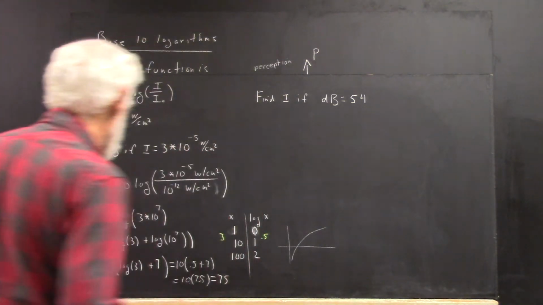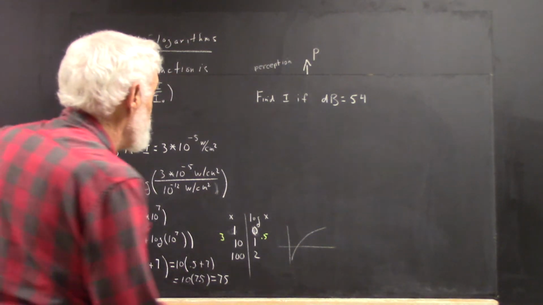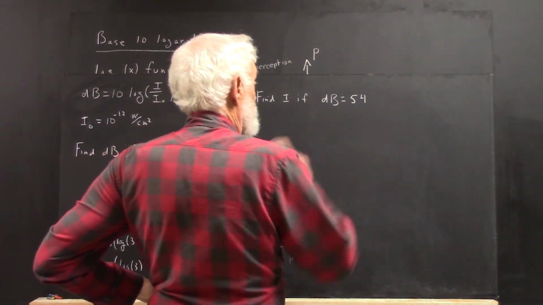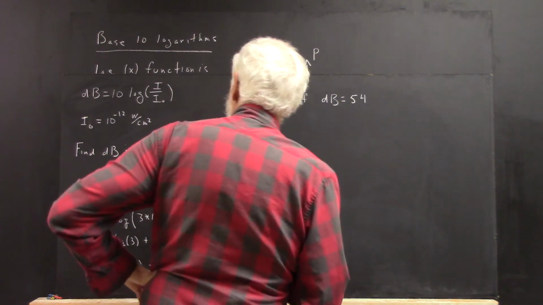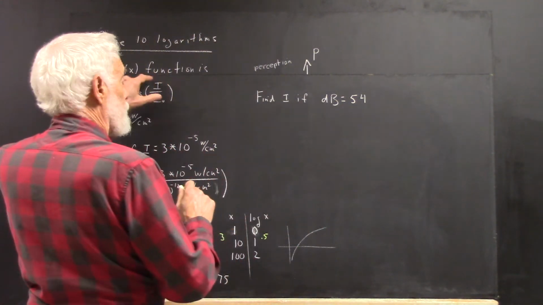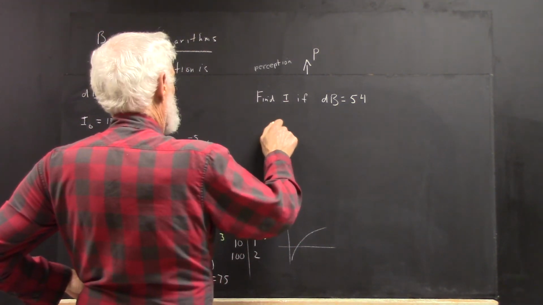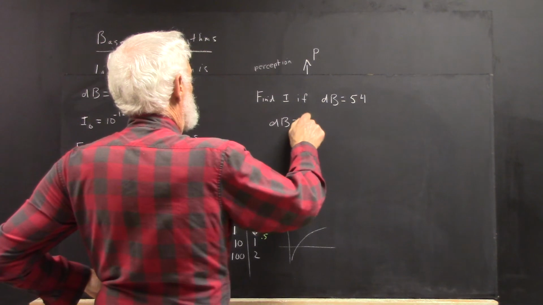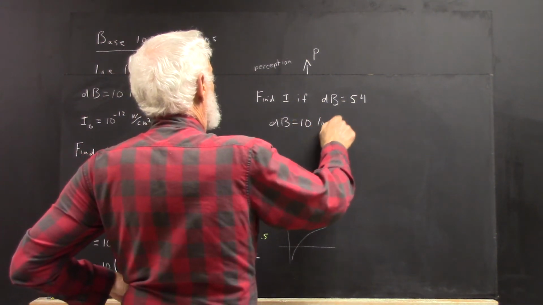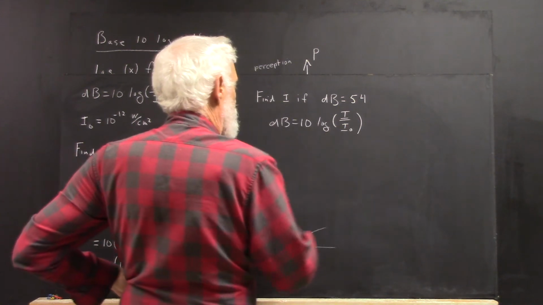Now, another problem we can solve, and we have the technique to do this. Find I if the decibel level is 54. Okay, so, well, that means that the decibel is 10 log of I over I naught. Let's write it out. Decibel is 10 times the log of I over I naught.